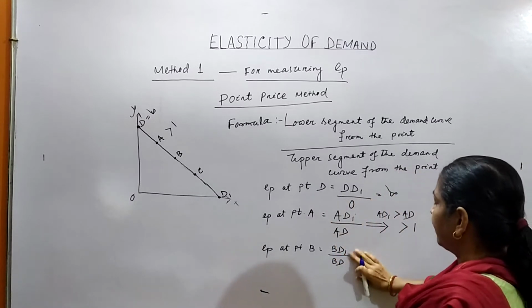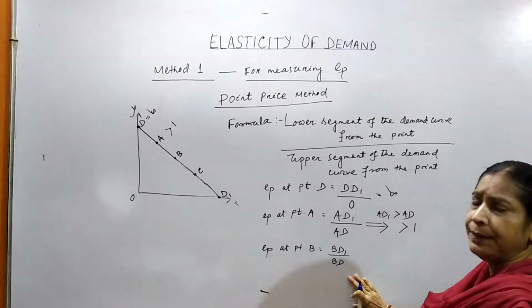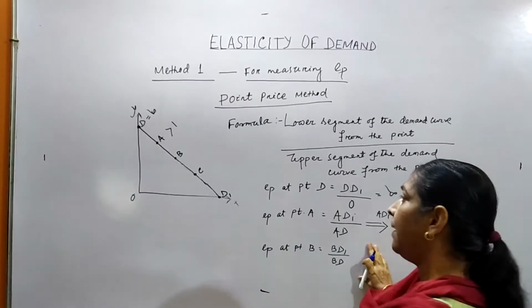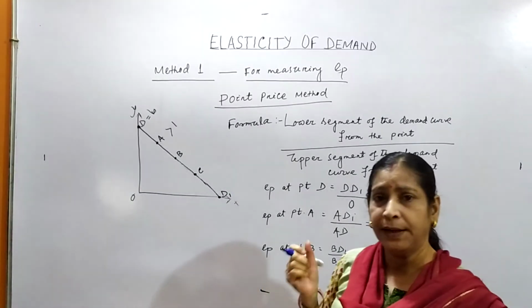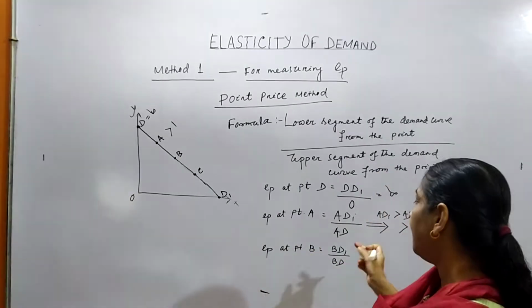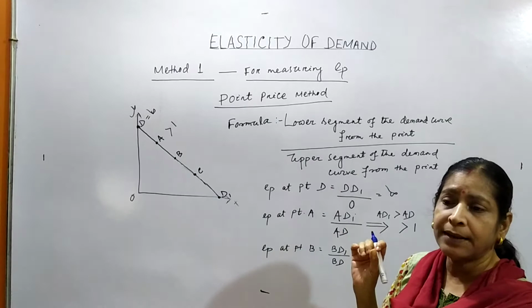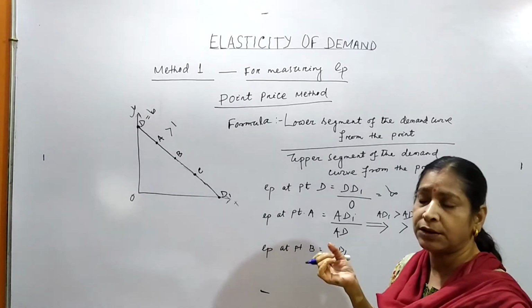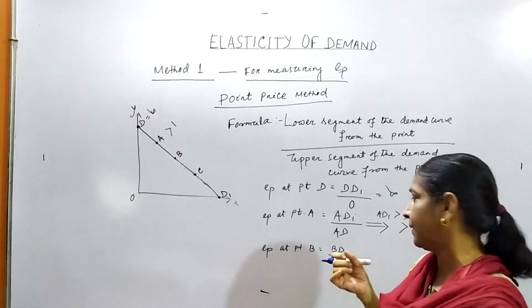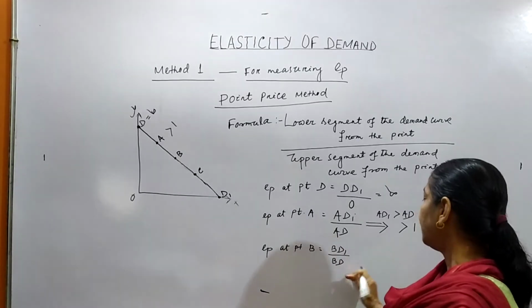Now this is the measurement value, BD1 by BD. We have assumed that B is the midpoint. So at the midpoint of a straight line, the upper segment must be equal to the lower segment. So BD1 equals BD.